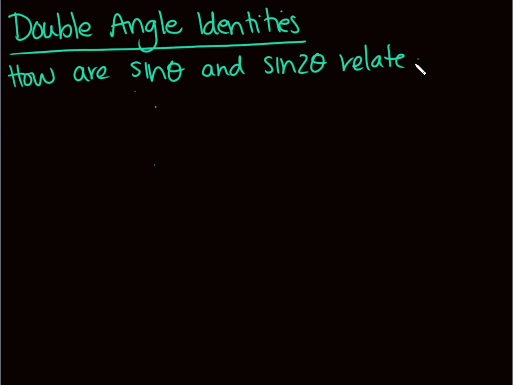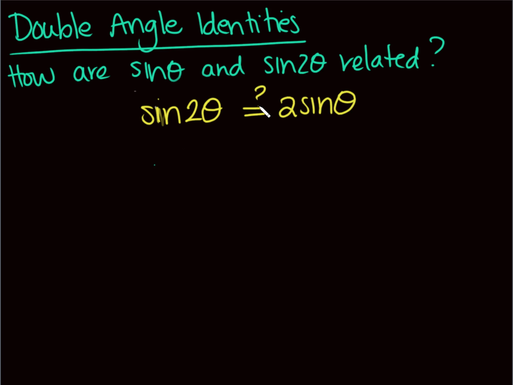I mean, we would want to maybe say a prayer to the math gods that, just like when you get to calculus, you're going to see this. Is the sine of 2 theta equal to 2 times the sine of theta? That's kind of what we're hoping to happen.